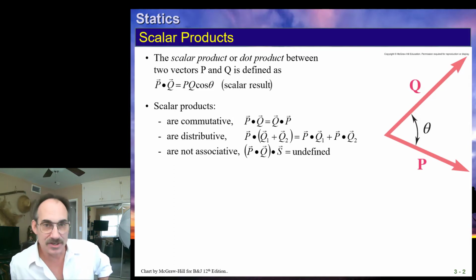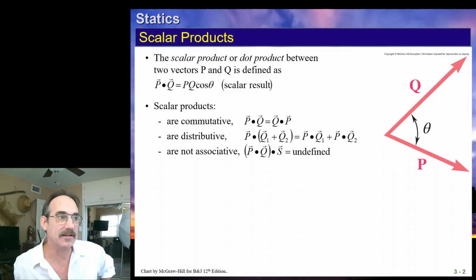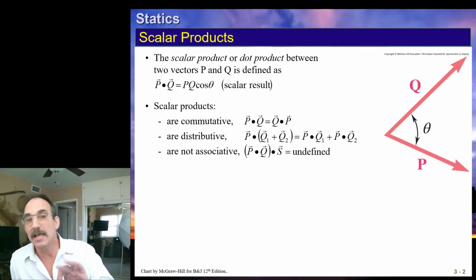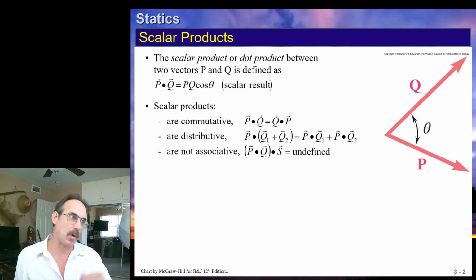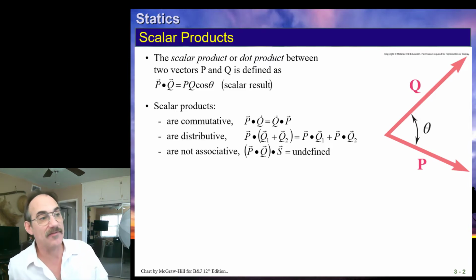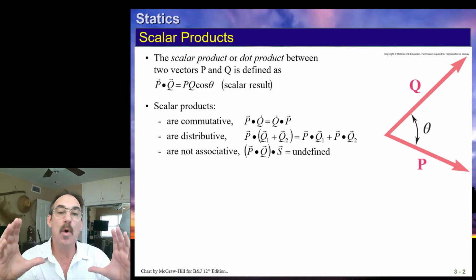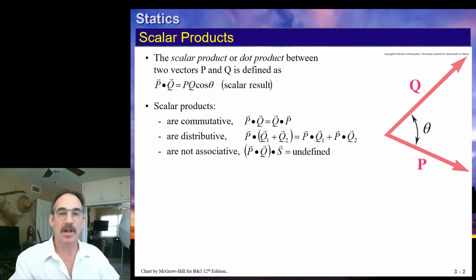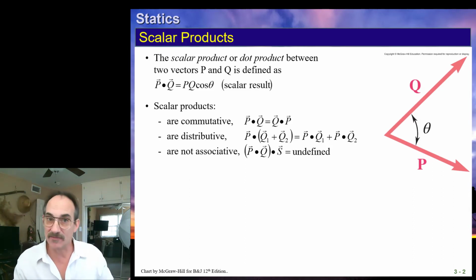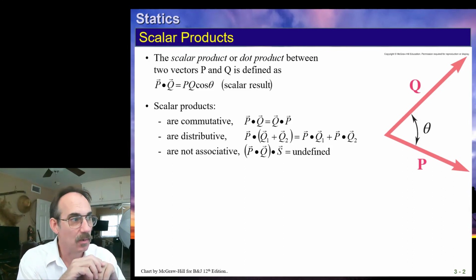For these operations, our mathematical rules are as follows. They are commutative, which means P dot Q gives the exact same scalar result as Q dot P. Great. They are distributive. That means P dot (Q1 plus Q2) is equal to P dot Q1 plus P dot Q2, as many of our other math operations work.